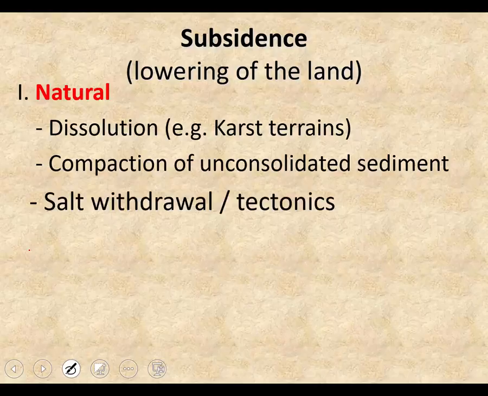And tectonic subsidence. And that tectonic subsidence can be either, let's just take an example, the sinking of the ground associated with an earthquake in a subduction zone, or it could be the lowering of the ground due to salt withdrawal.